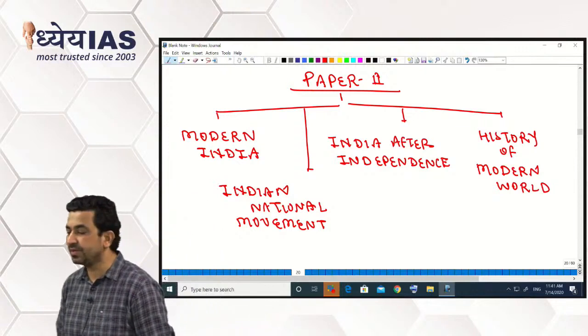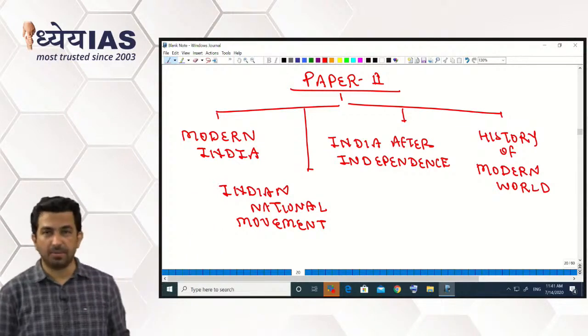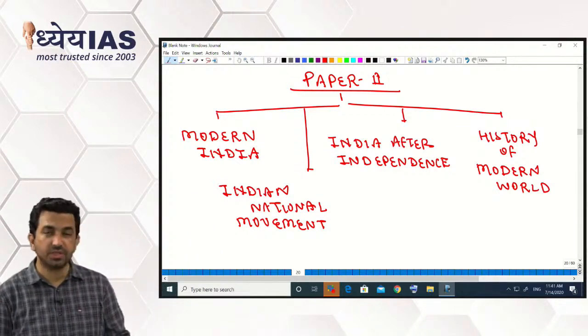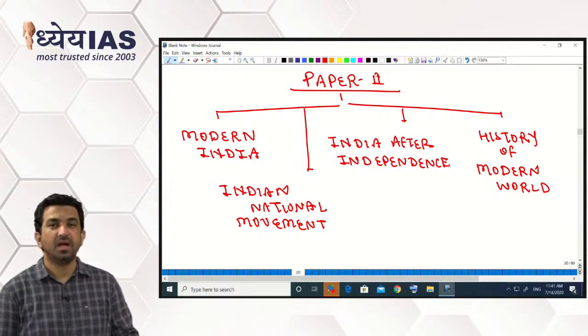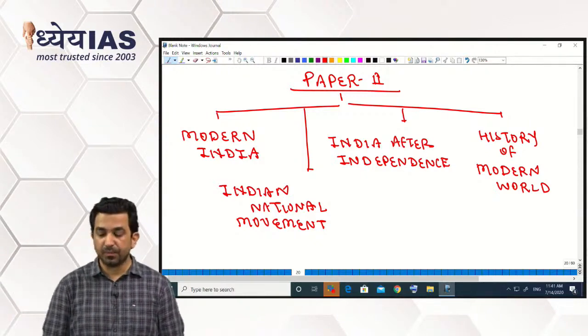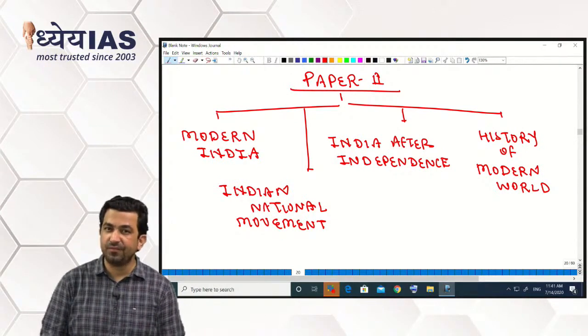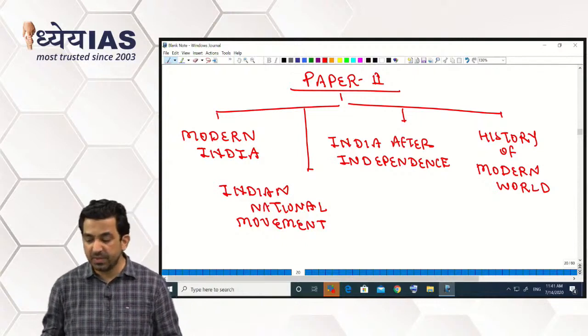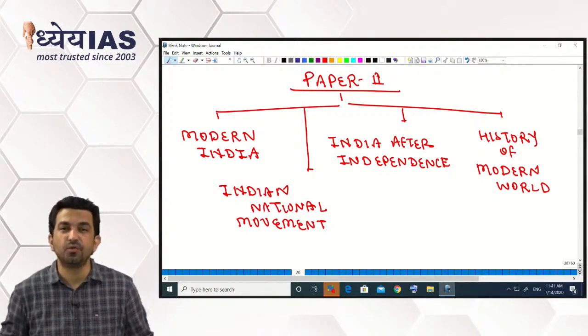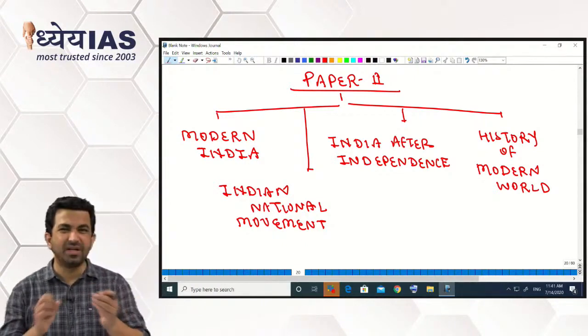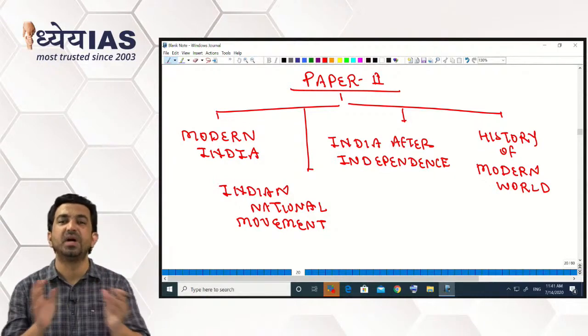Because we are going to start with paper 2, I'm going to discuss the syllabus with you. Before we discuss any topic, we have to analyze and organize our syllabus, because the syllabus of history seems to be quite fragmented or dispersed.